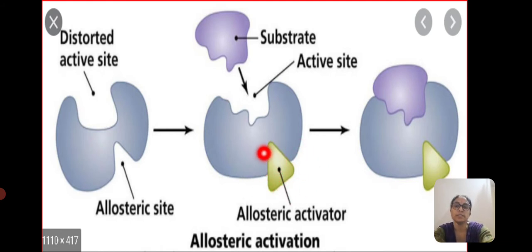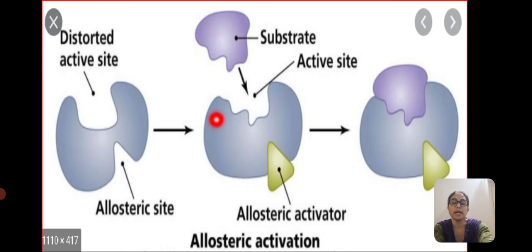Allo means a different site other than the active site. This particular feedback product is going to come and attach to the enzyme, and it will change the conformation of the active site. So the first substrate cannot bind to the enzyme, and thus that enzyme activity is completely stopped.